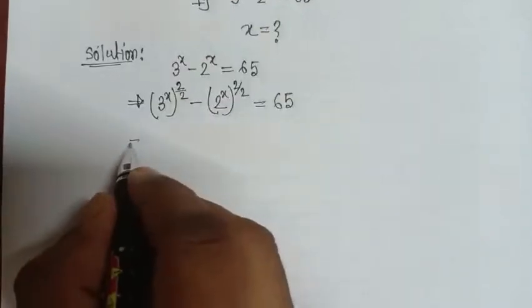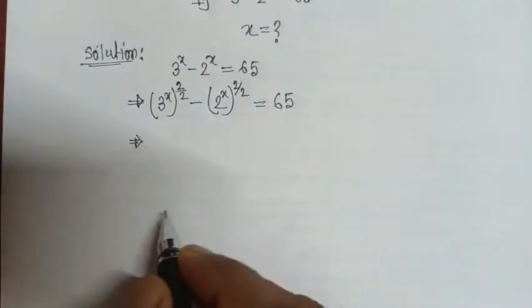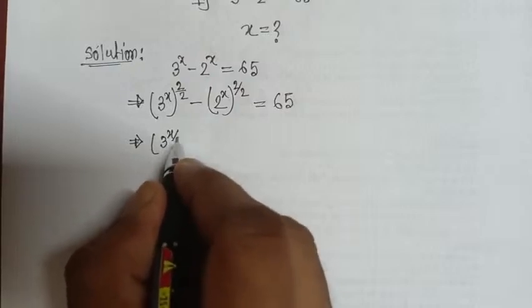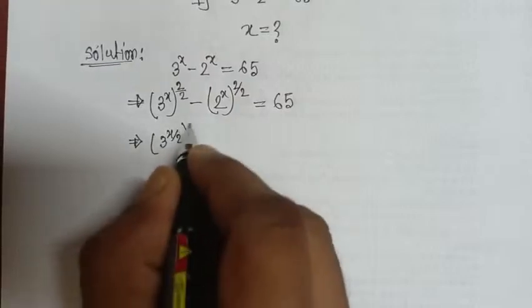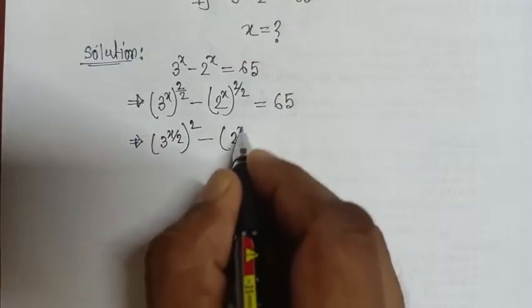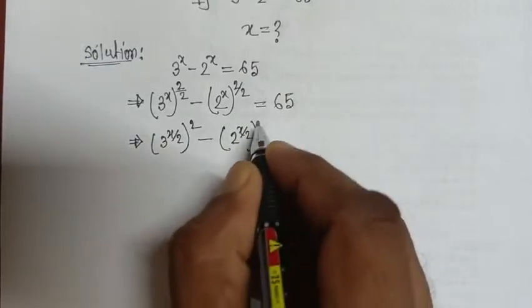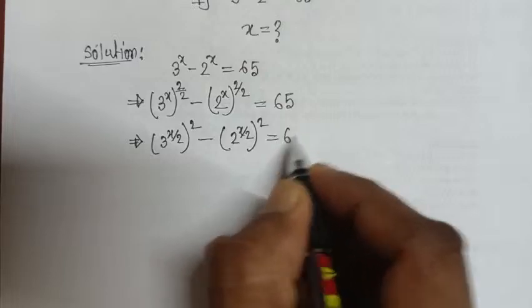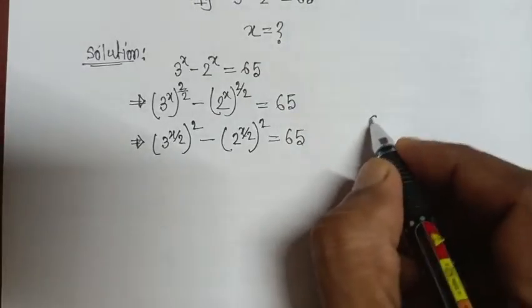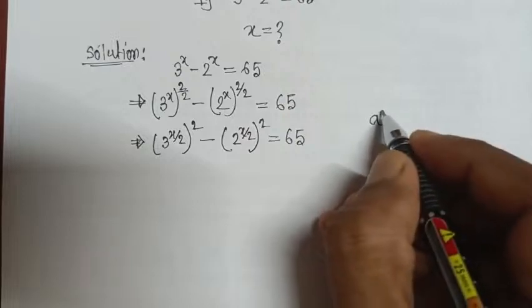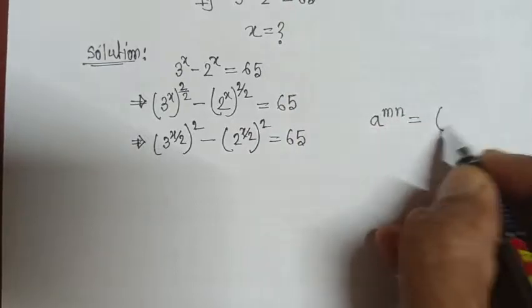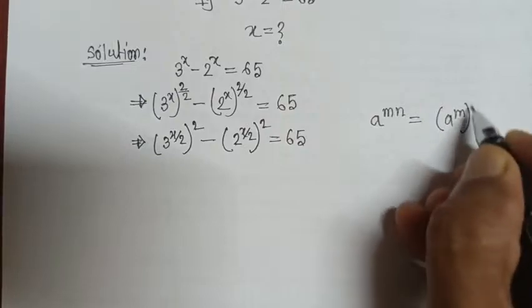Now we can write it as (3 to the power x by 2) to the power 2 minus (2 to the power x by 2) squared is equal to 65. As we know that a to the power mn is equal to (a to the power m) to the power n.